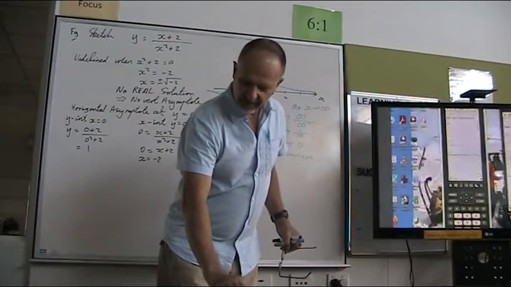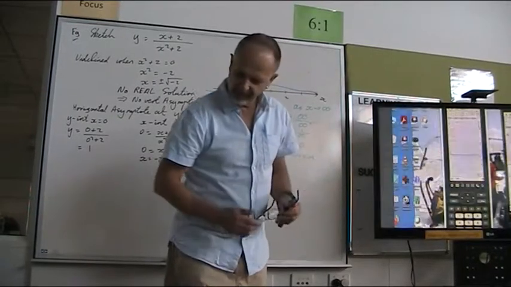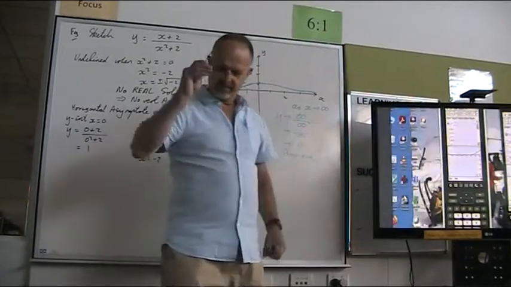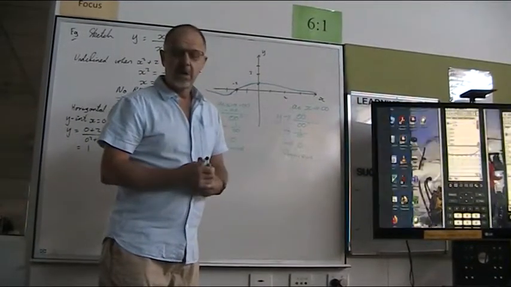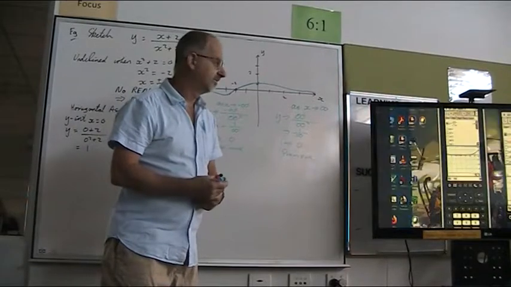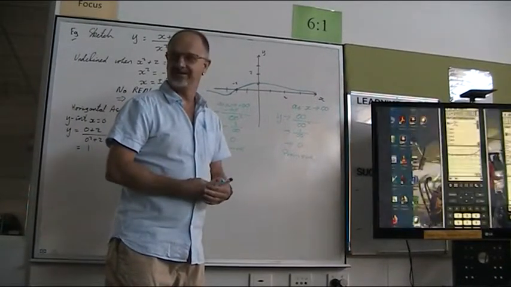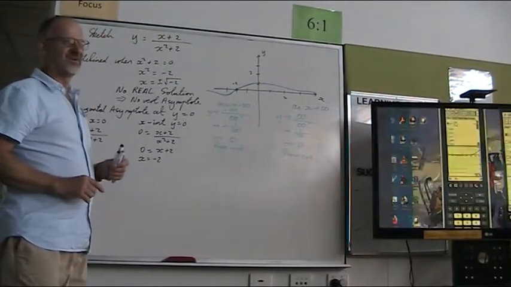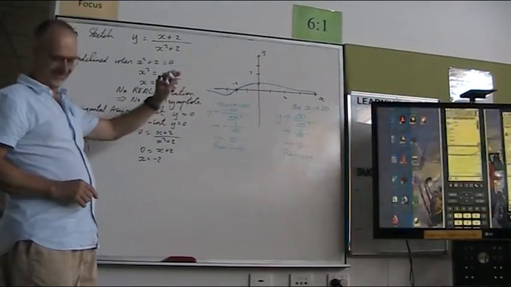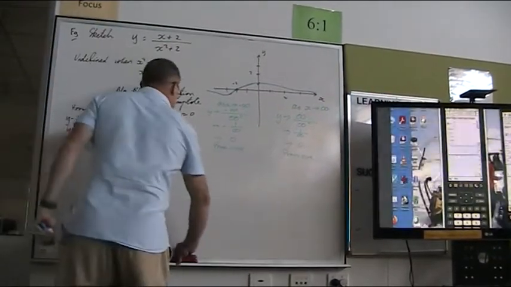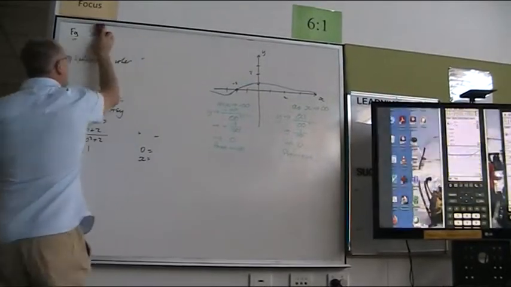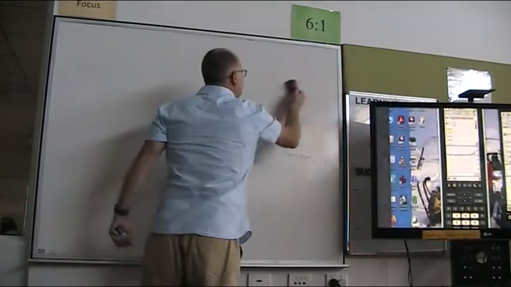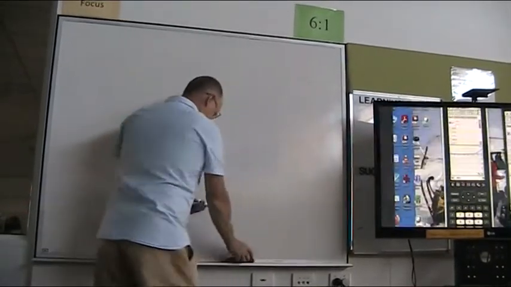All right. There's one more example. Sorry, I lied. Asymptotes are not always horizontal. So let's have a look at one where they're not horizontal. We still follow the same things.